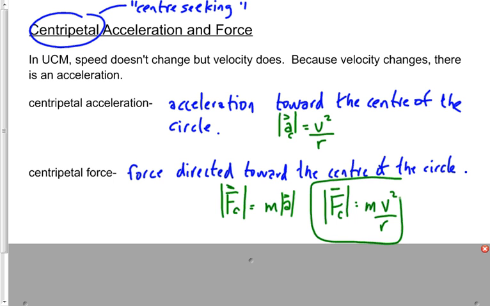So centripetal acceleration is v squared over r, and centripetal force would be m times v squared over r, m times the centripetal acceleration. Again, it's that force that always acts toward the center of the circle, but really it's just renaming the other force that caused it. It's renaming the gravity force, or the force of the string, or the force of friction, or whatever. It's calling it something different and then applying a new equation to it.